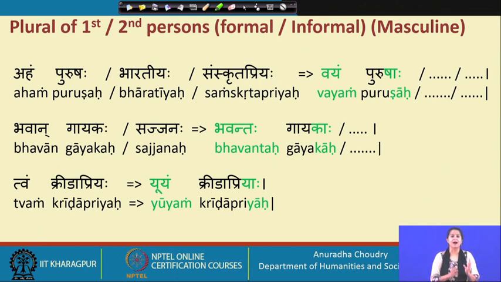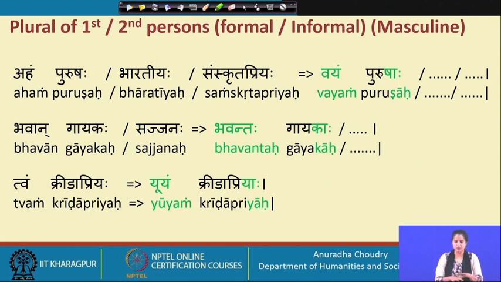Because the word is Bhavan, it's not an a ending pronoun, it's a n halant, so it will become Bhavantaha. That's something that we will not look at in depth in this series of lectures, because that's a little more advanced level.